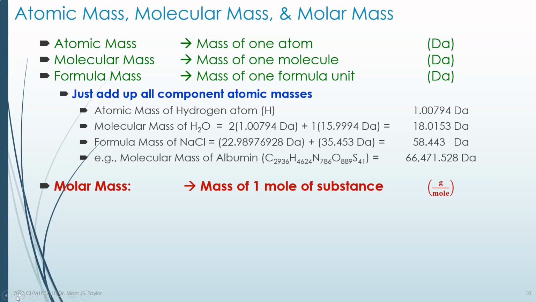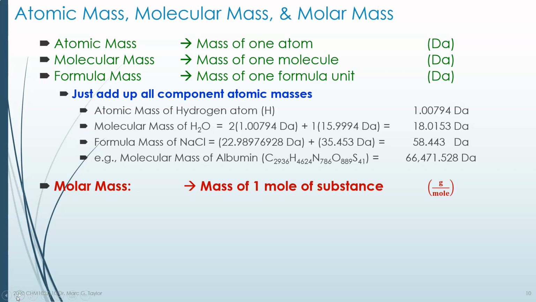Now, molar mass is the mass of 1 mole of a substance. So if we did that, we would have very, very large numbers of Daltons, but we don't use the unit Dalton. We use the unit grams per mole. In other words, we're asking the question, how much does 1 mole of a substance mass out to, or how much does it weigh in grams?